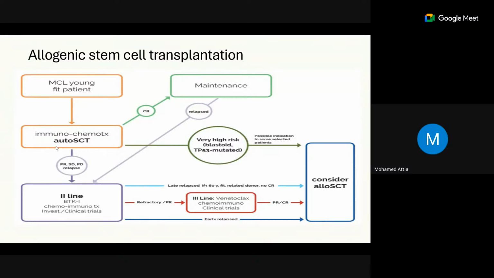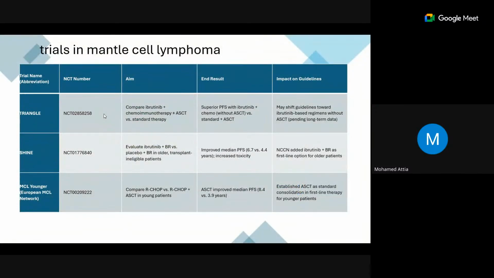You can do autologous stem cell therapy if he is young and fit and has already responded to the first-line chemotherapy. You can do a very huge dose of chemotherapy followed by autologous stem cell transplantation rescue, and followed by maintenance, either by BTK inhibitor or by rituximab. These are the most important three trials used in mantle cell lymphoma: the TRIANGLE trial, the SHINE trial, and the MCL Younger trial.